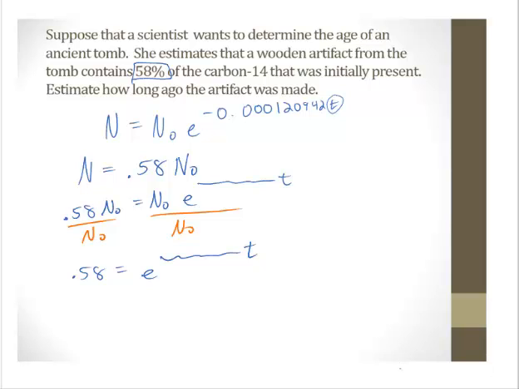Apply the natural log to both sides. So then the natural log of 0.58 is equal to negative 0.000120942 t, and now all I have to do is divide through by that coefficient.